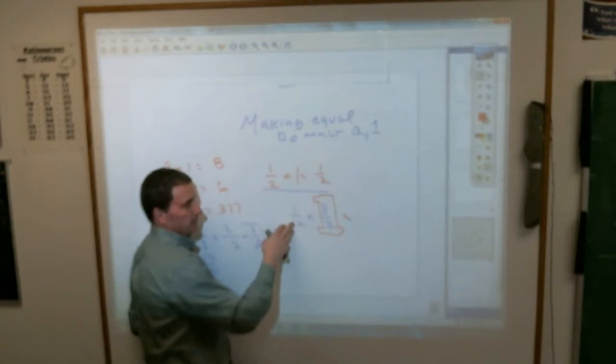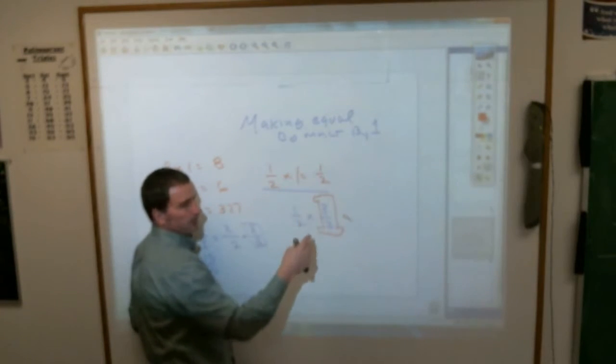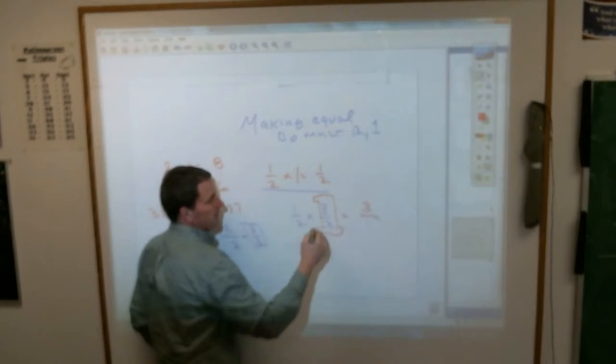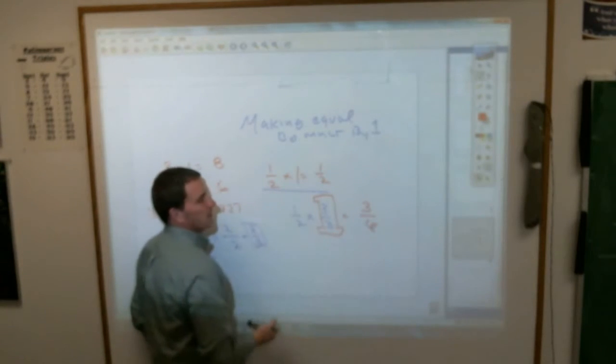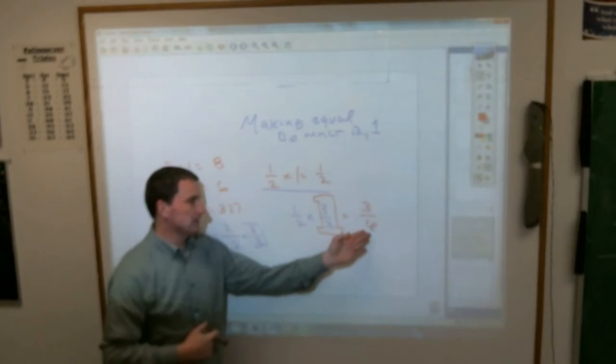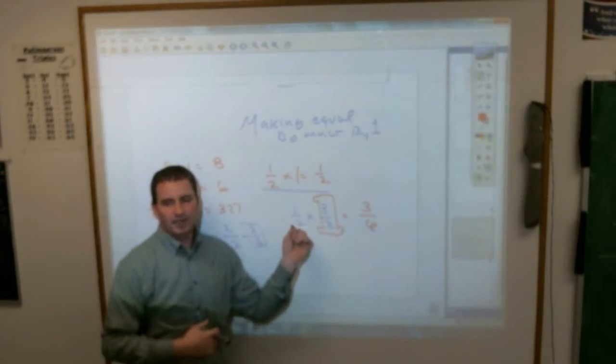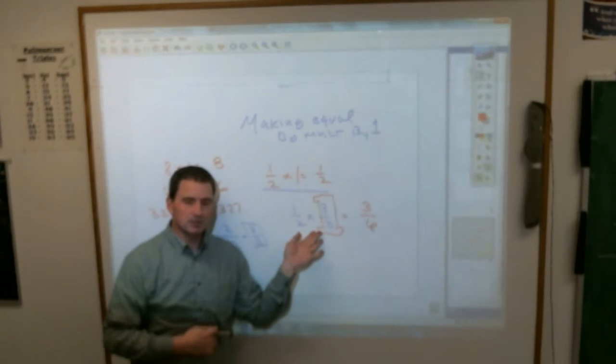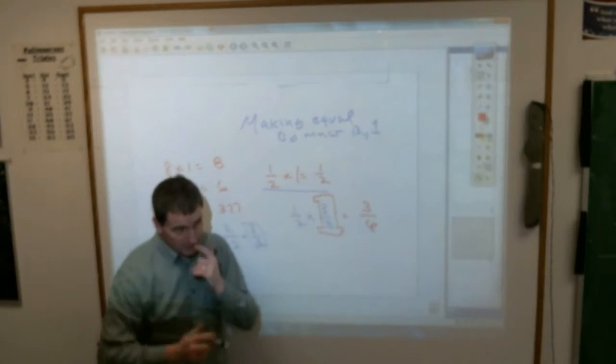But I actually end up with different numbers, because when you multiply fractions, you multiply across. 1 times 3 is 3, and 2 times 3 is 6. So I know that 3/6 is the same thing as 1/2, because all I really did was multiply it by 1.